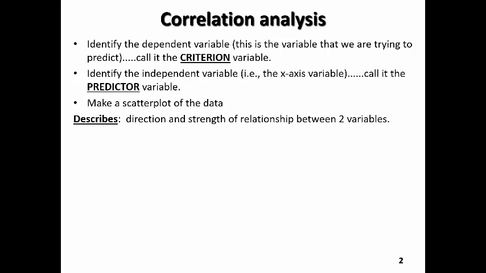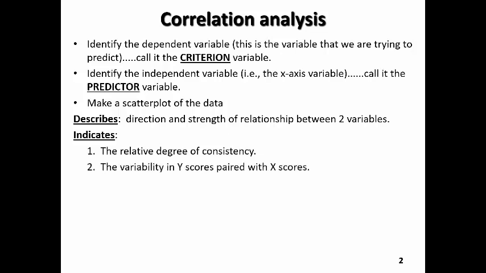And overall, when we eventually conduct the statistical correlational analysis, we're looking for two things. We're looking for the direction of the relationship and how strong that relationship is between two variables. And in doing so, the correlation analysis will help to indicate the degree of consistency between these two variables of interest.